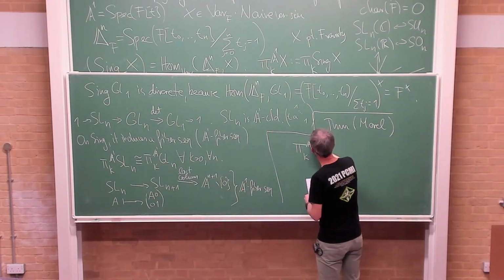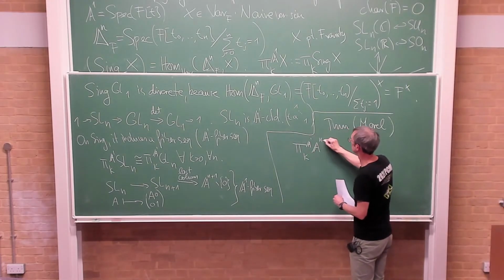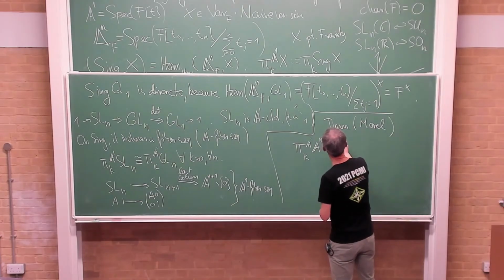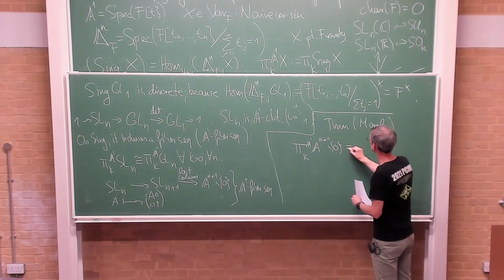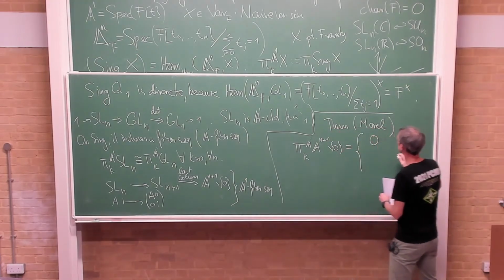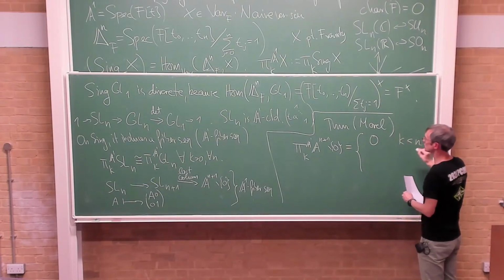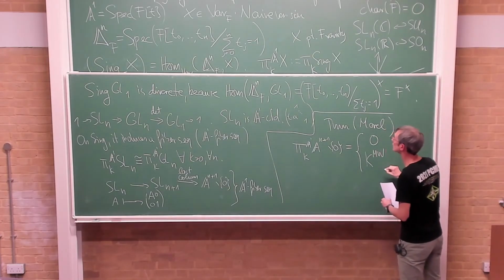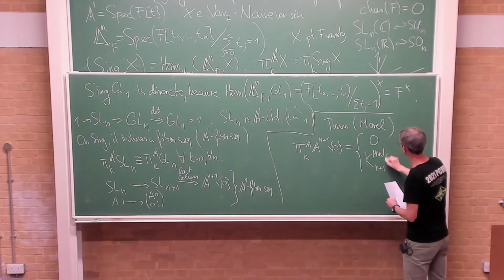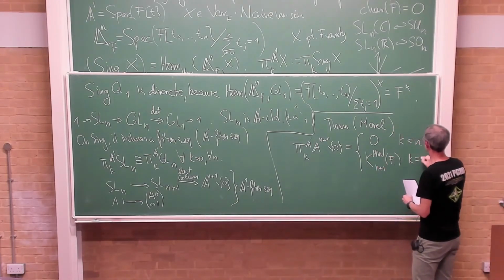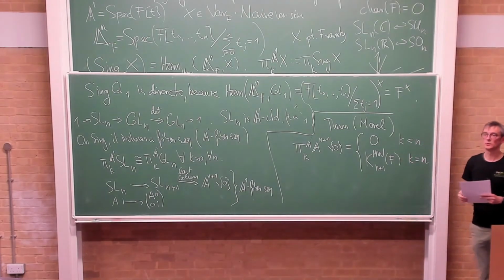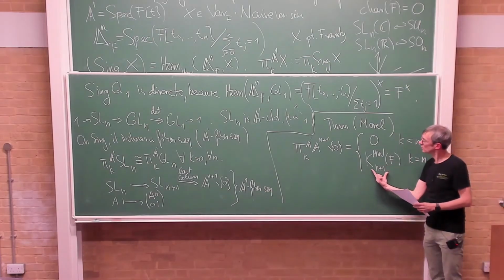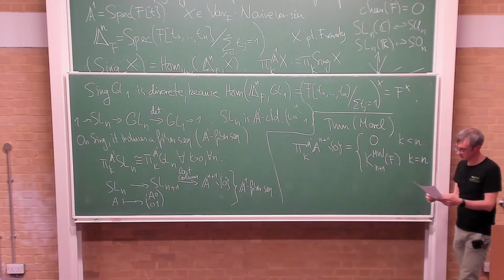So the kth A1 homotopy group of this here is actually 0 if k is less than n, and then this is the Milnor-Witt K-theory in degree n plus 1 of the field if k is equal to n. And I can say, or maybe I should say what this here really is a little bit later.